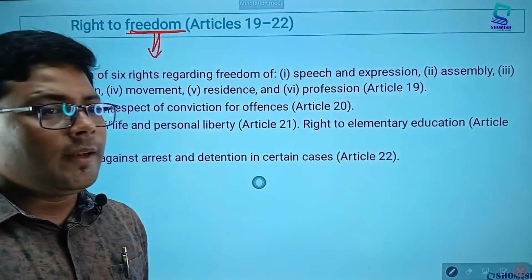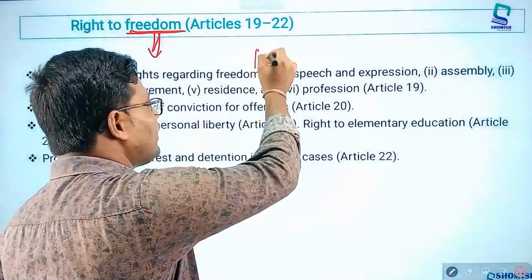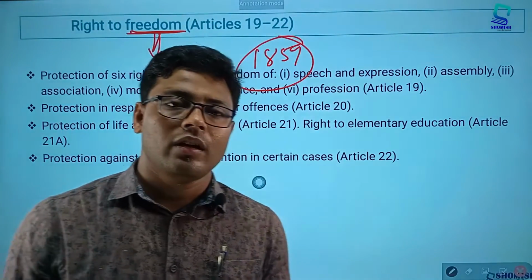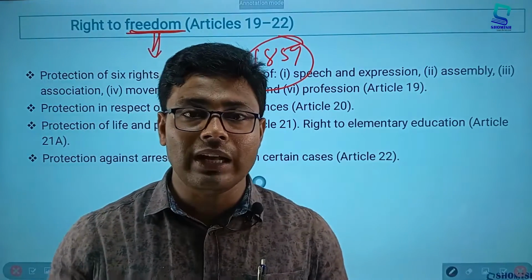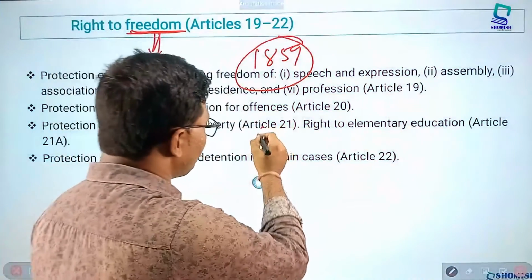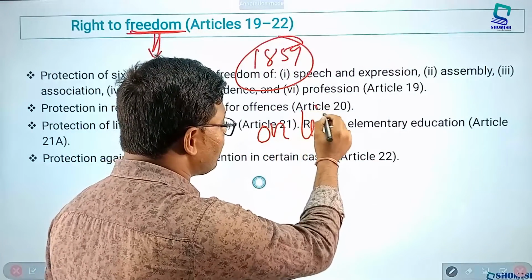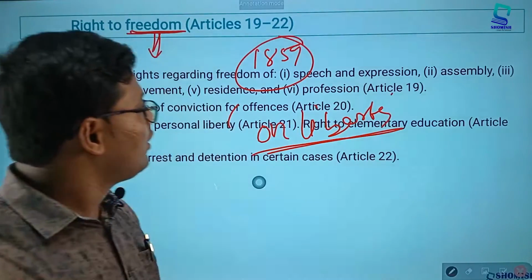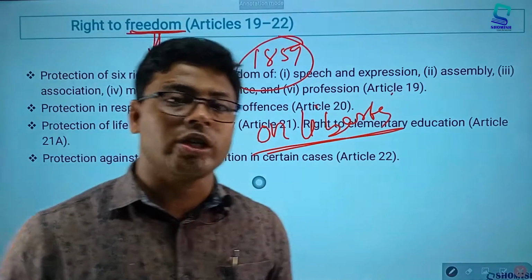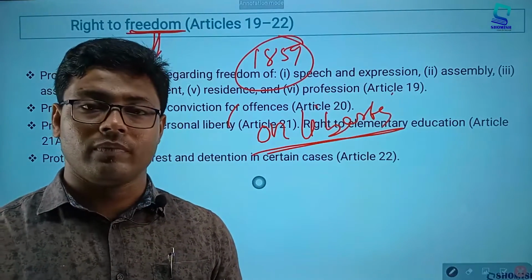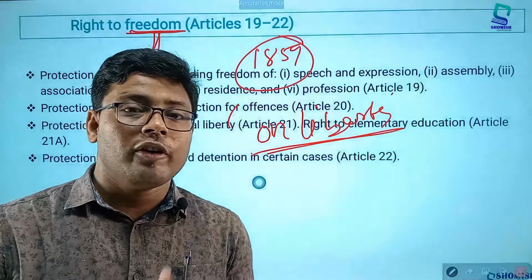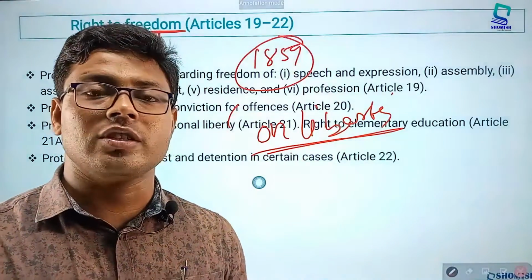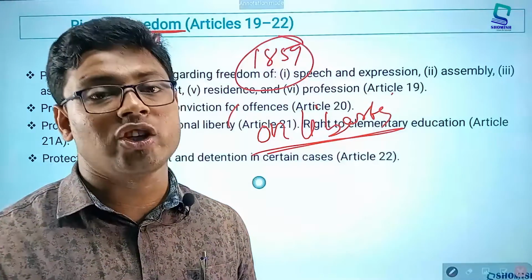In 1859, Immanuel Kant wrote one book, namely On Liberty. In this book, Immanuel Kant mentioned what freedom should be and how important freedom is to any common citizen of any nation.